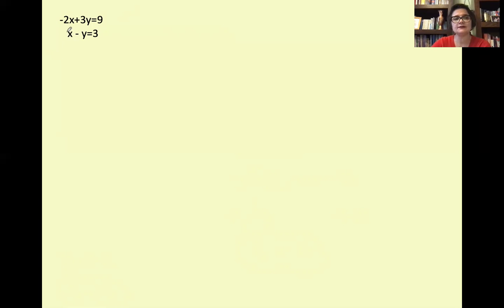Now, the second one, I like to choose the x because I can see it could be easier to change. Now, I could change the first one to 2x by multiplying every single expression by minus 1. So the first one becomes 2x minus 3y equals minus 9.